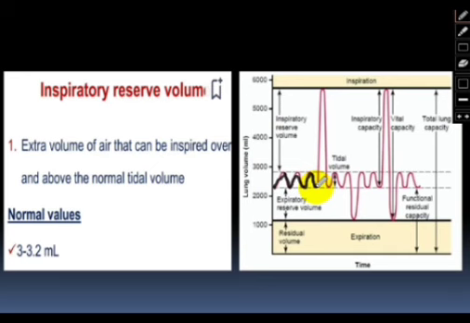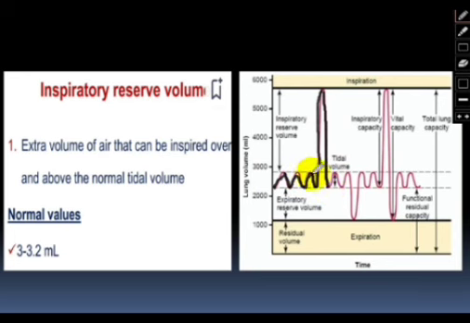When you do that, you will notice that the spirometer will give a graphical representation that looks like this. You are taking in oxygen forcefully. So the graph moves from here to its peak, and it returns to normal.